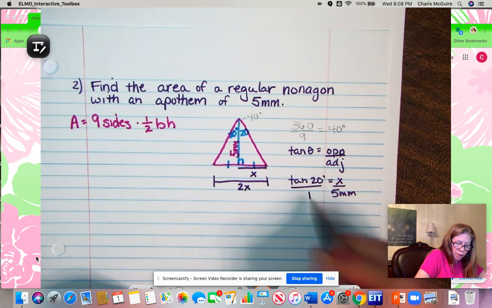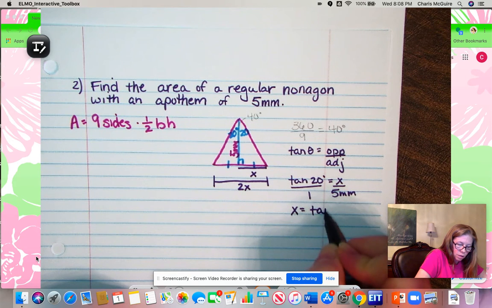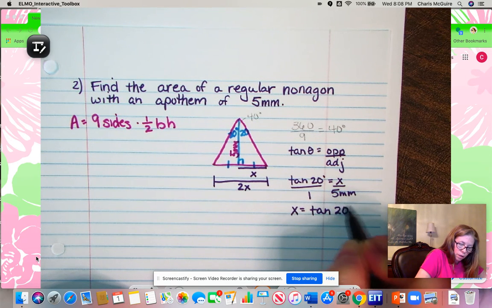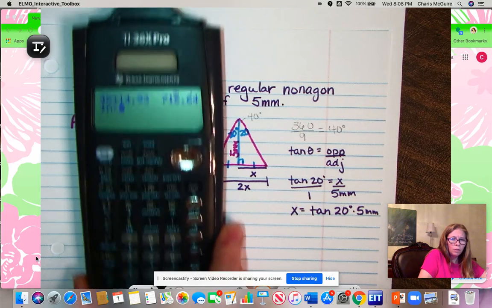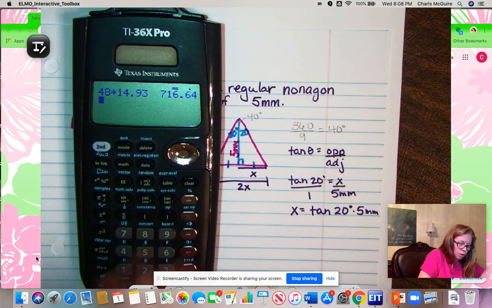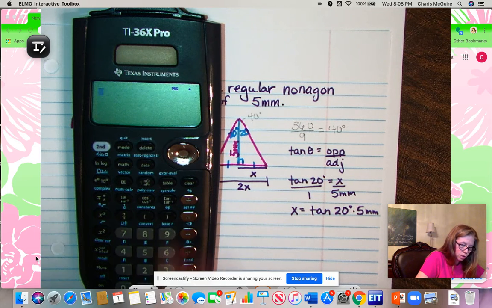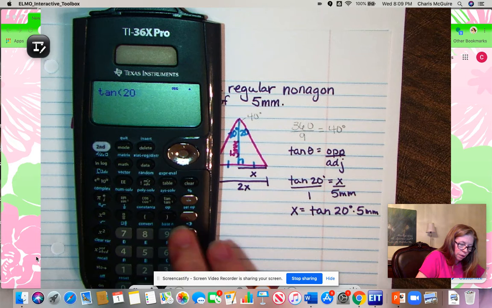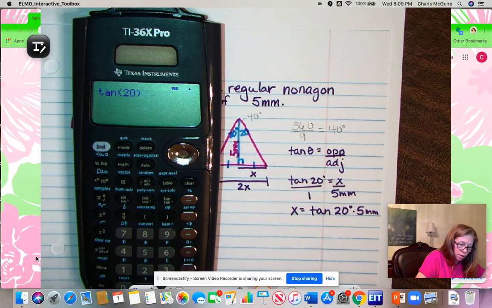All right, cross products time. We've got 1 times x equals tangent of 20 degrees times the 5 millimeters. So to your handy dandy calculator, be careful pressing in the information and double check your display to make sure it's what you want. I have messed up terribly just by not paying attention. So watch your display. So tan of 20 degrees times the 5.